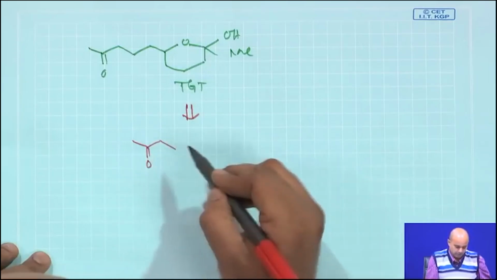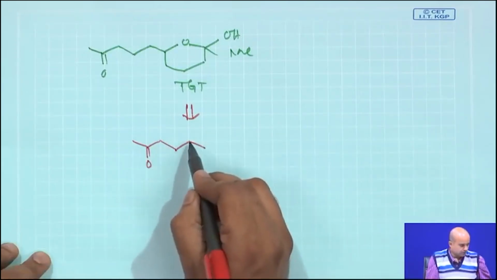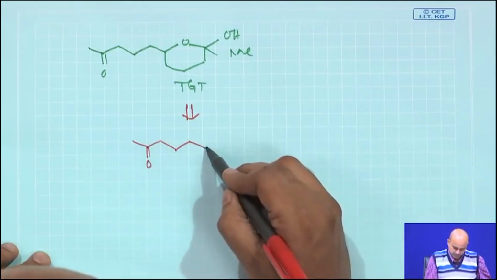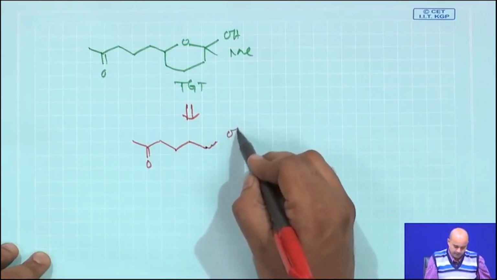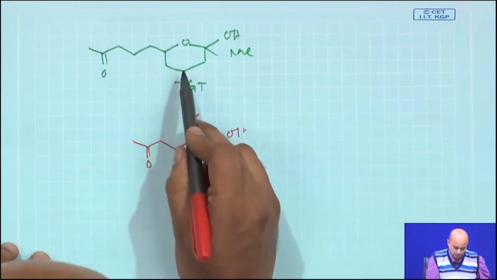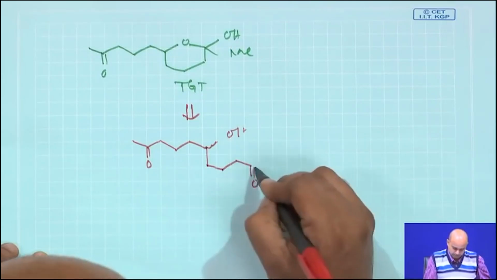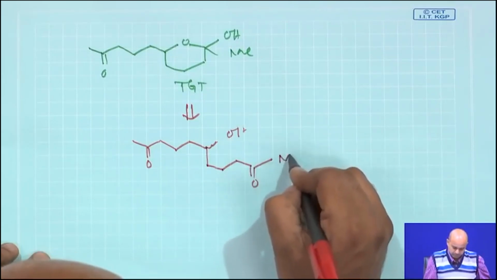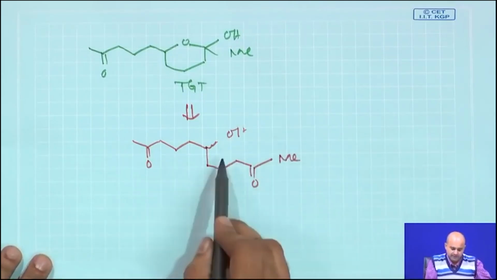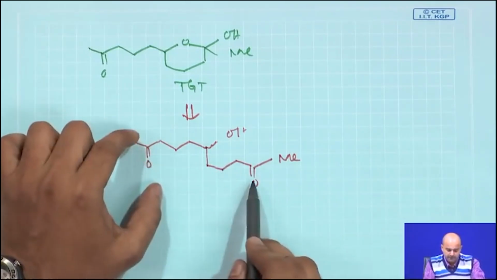You do a retro reaction, 1 2 3, 1 2 3, and you put an OH here and then put another CH2 because you need 1 2 3. If you disconnect the molecule in this way, it is basically a symmetrical diketone.